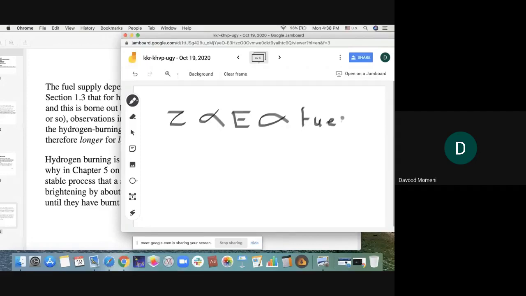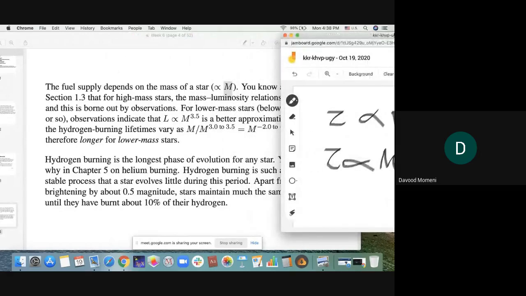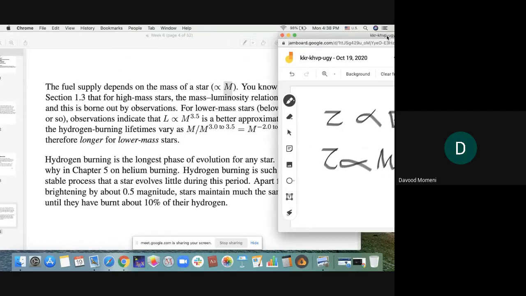So the better estimation for tau will be something like m to the power of minus 2 to minus 2.5.